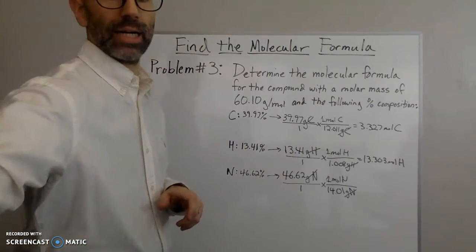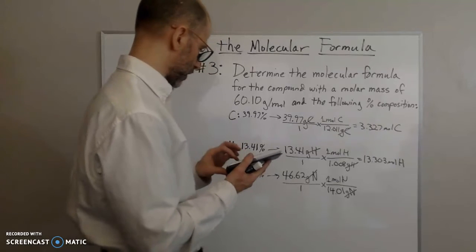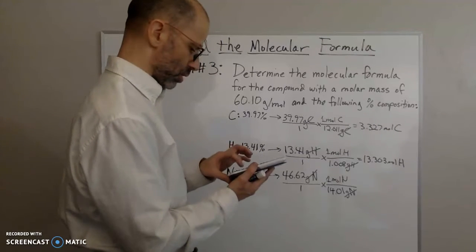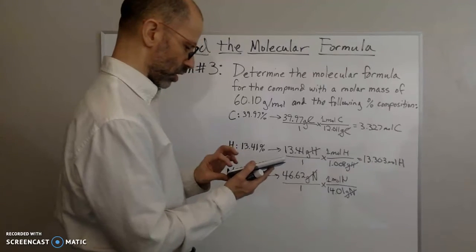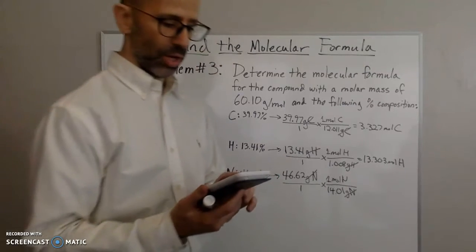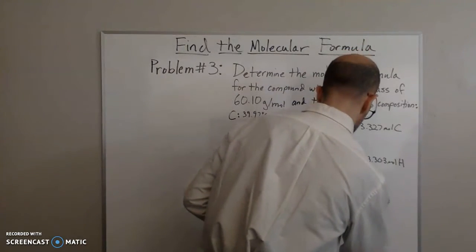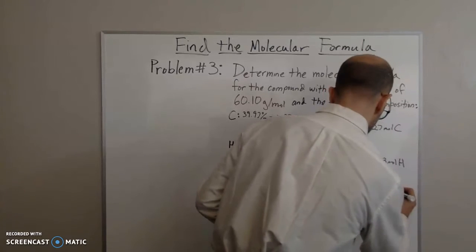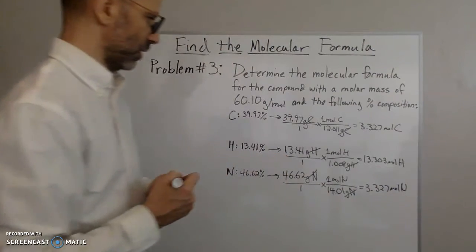And then finally nitrogen: 46.62 divided by 14.01 equals 3.327, so it's going to be 3.327 moles of nitrogen.